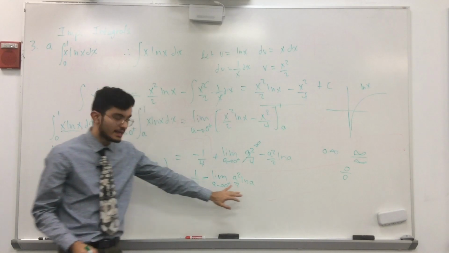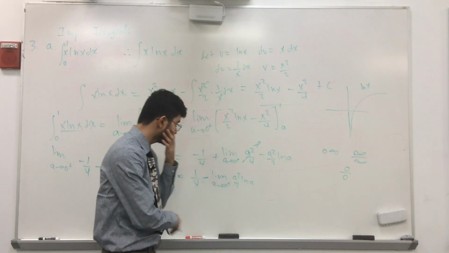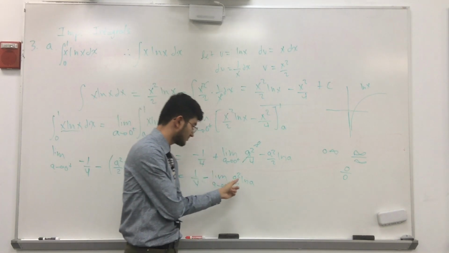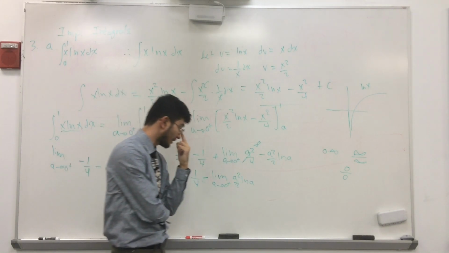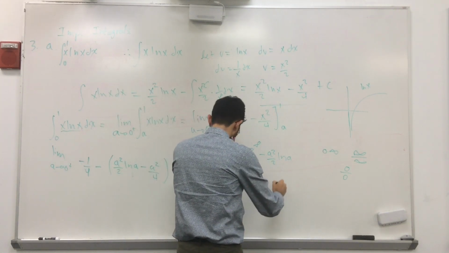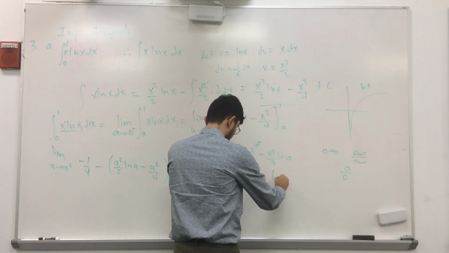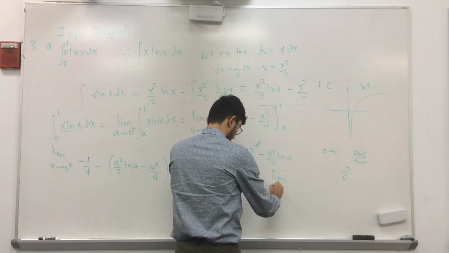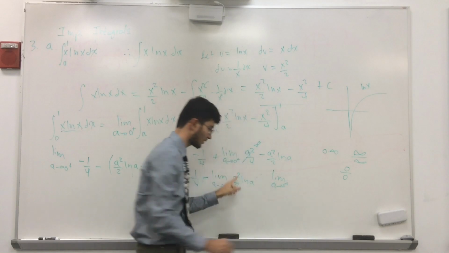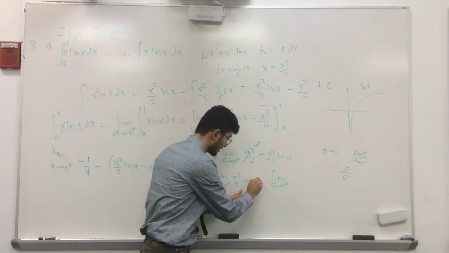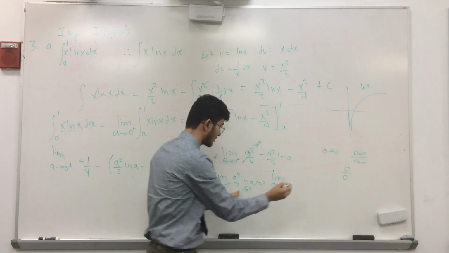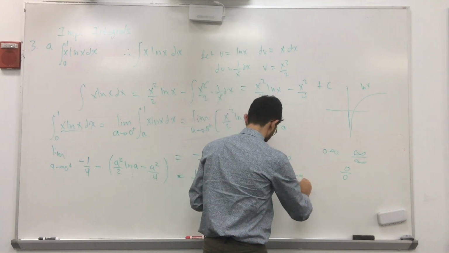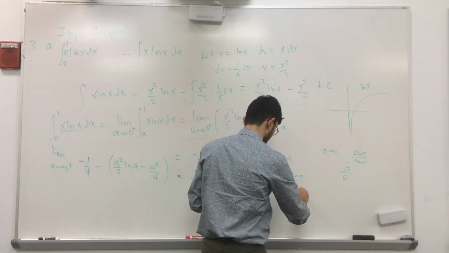And over here, we can use the fact that we can divide by a squared on top and bottom, right? So this limit will be nothing but the limit as a goes to 0 from the right of, if we divide top and bottom by a squared using this trick, ln of a divided by 2 over a squared.